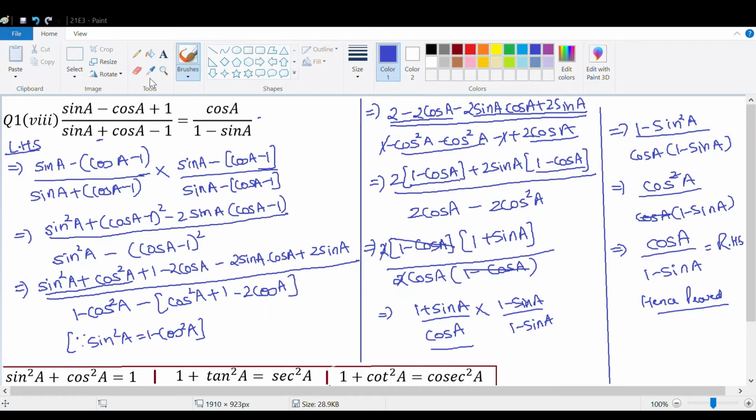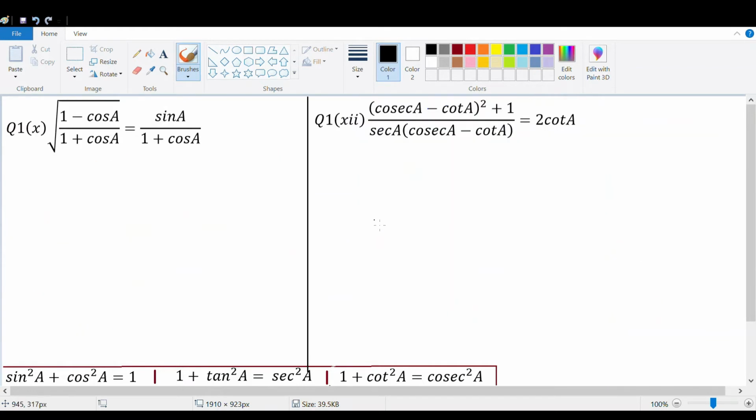The next question that we do would be question number 1, part 10. Let's look at it. So this is root of 1 minus cos A upon 1 plus cos A. Let's rationalize. I notice that on the right hand side, I need 1 plus cos A in the denominator, which means instead of multiplying with 1 minus cos A, let me rationalize with 1 plus cos A, which means let me rationalize the numerator.